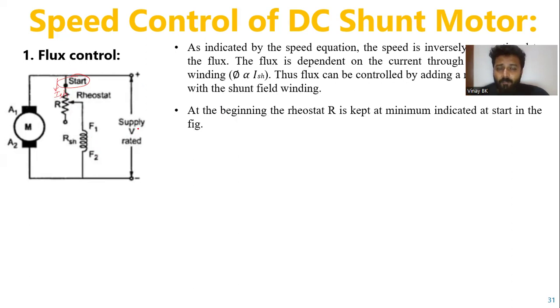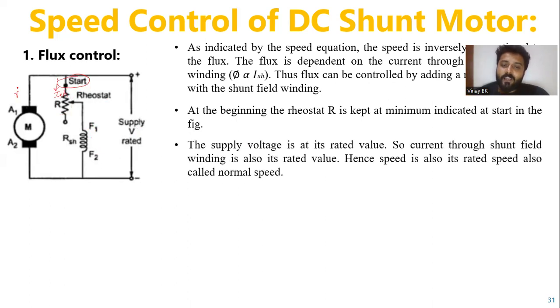With a constant supply voltage at its rated value, the current flowing through the shunt field winding is also maximum because the rheostat is at minimum.